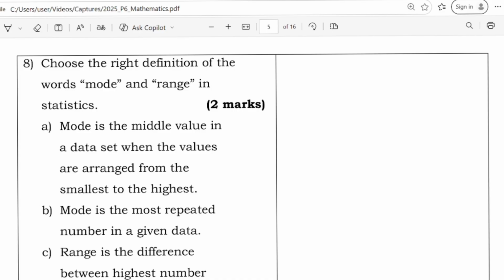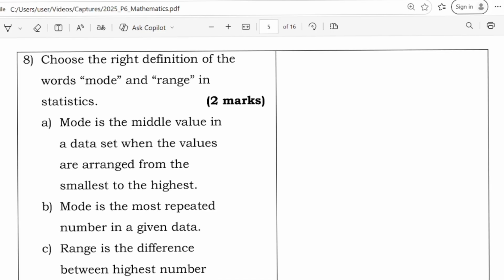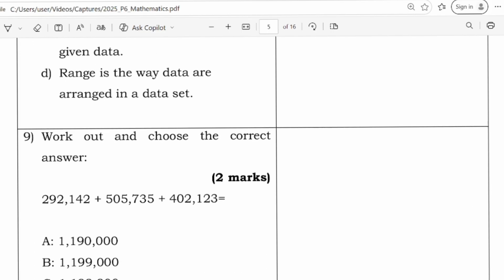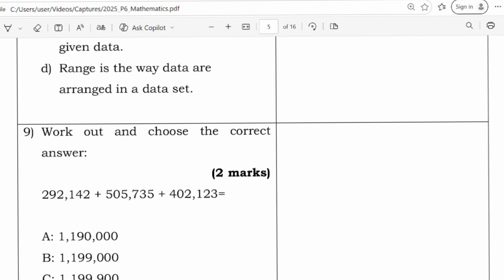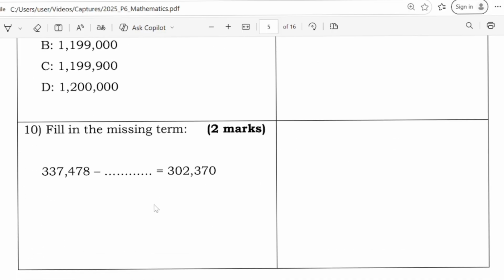These words are mostly used in statistics, and you should check which one is the better definition. And then number 9 is to add and find the answer needed. You add these 3 numbers and then find the correct answer from these options.